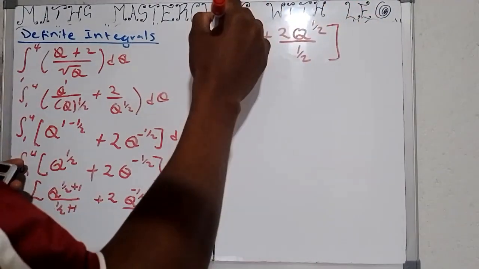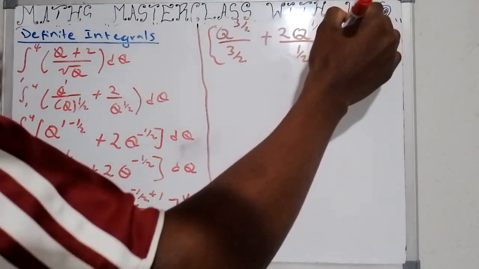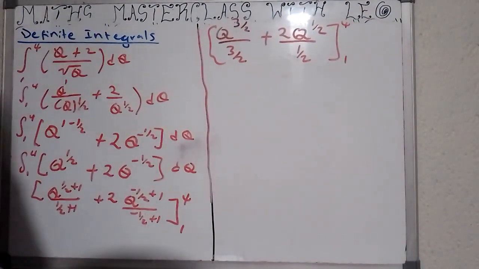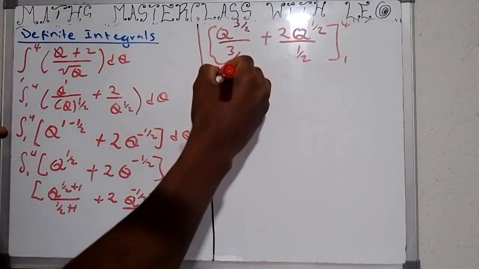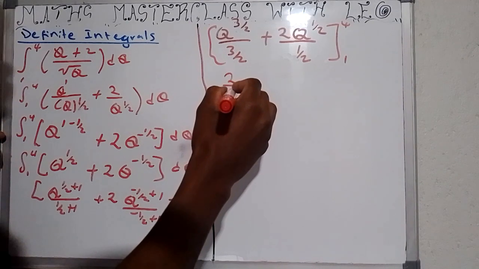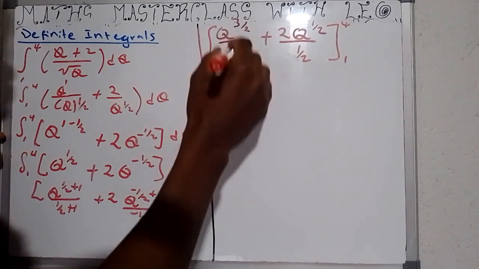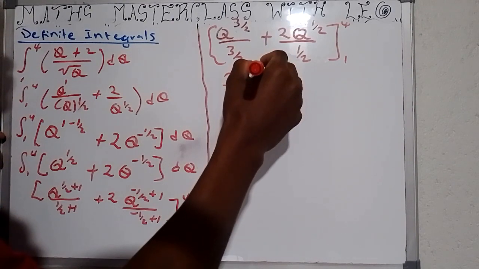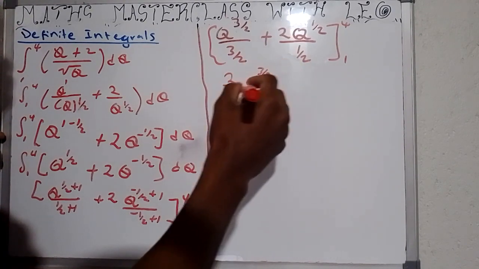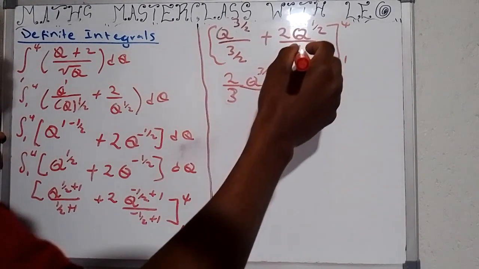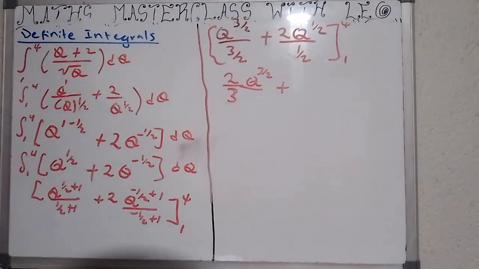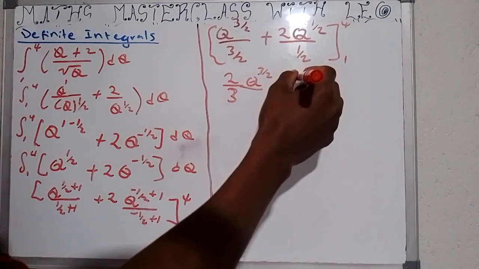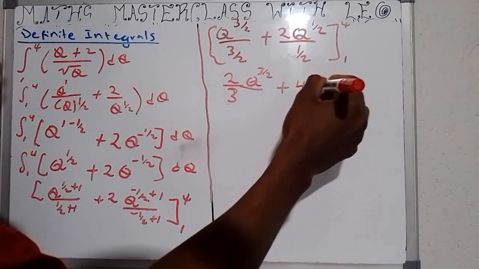Limits 4 and 1. Try to rewrite this in a standard form. I'm just going to have 2 over 3 theta to the 3 over 2, plus this, what is 2 divided by 0.5, it is going to be 4 theta to the power 1 over 2.